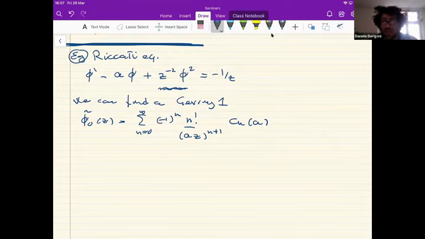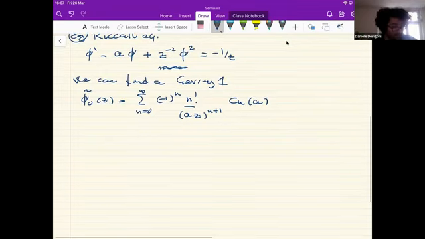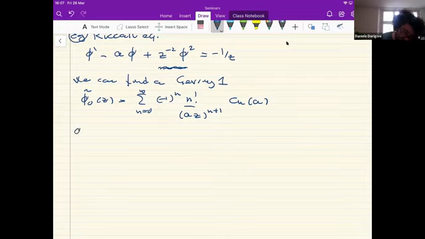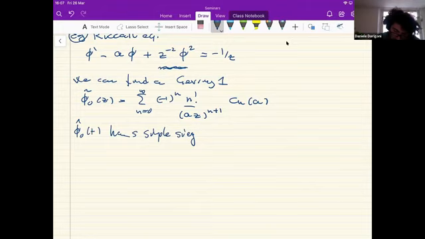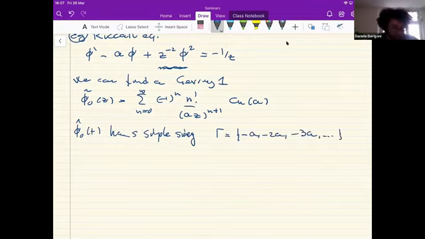And actually, a nice exercise for the students, although we're not going to have tutorials any longer, is to try and play with the various methods that, for example, Gerard has mentioned, and try to see what the singularities in the Borel plane are. And you will see that phi hat, the Borel transform, has simple singularities, not only at minus a, but actually at minus a, minus 2a, minus 3a, and so on.